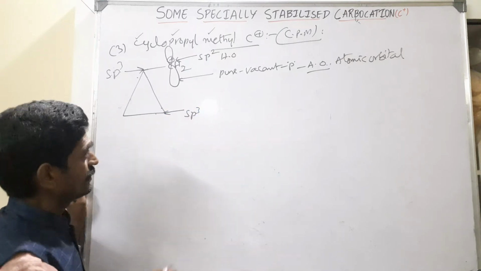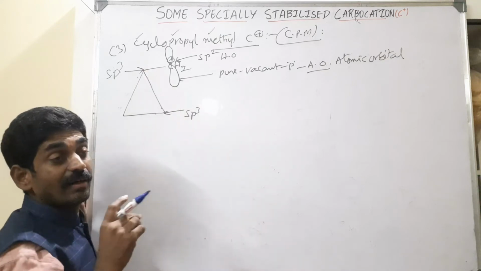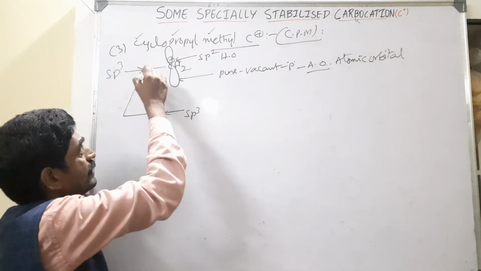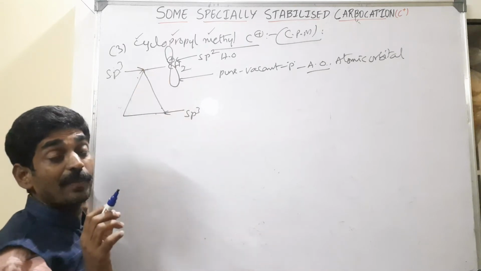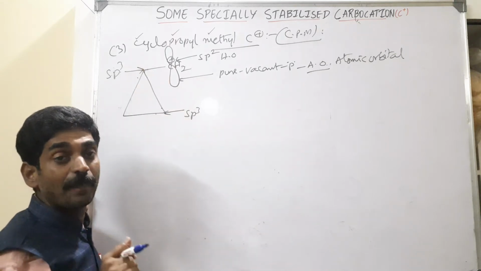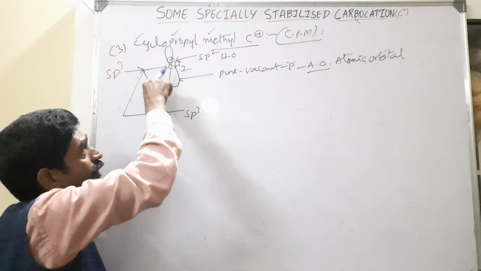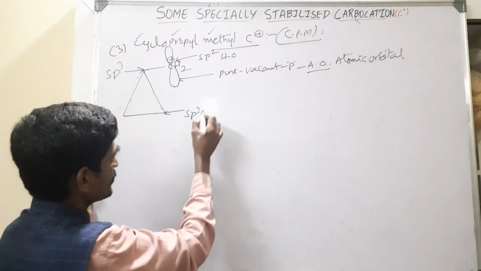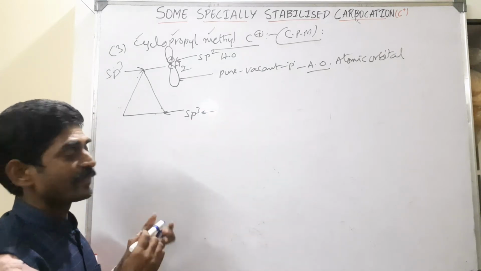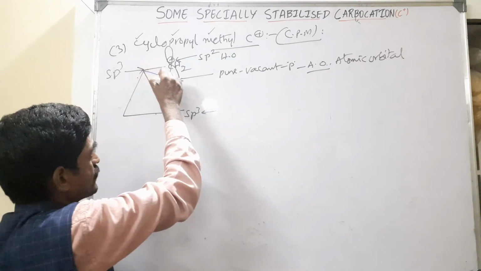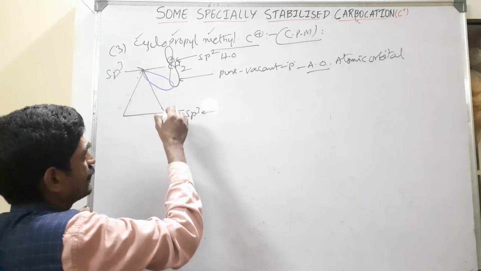So sp3 hybridization means these sp3 hybrid orbitals overlap to form a sigma bond. The orbitals present here are sp3 hybrid orbitals.